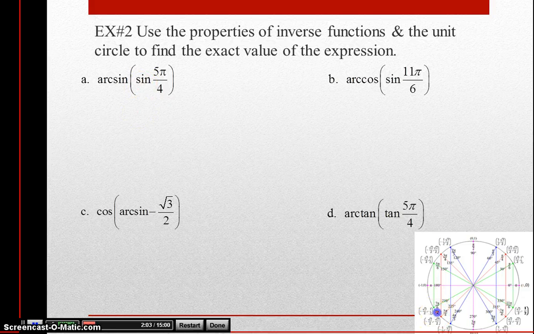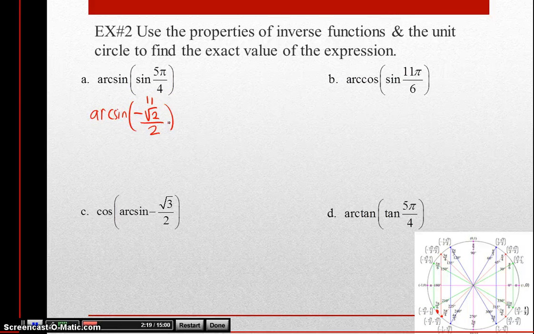We go to our unit circle, and we find that the sine of 5 pi over 4 is going to be negative square root of 2 over 2. So it's right here. Then we want to find, what is the arcsine of negative square root of 2 over 2? Basically, the sine of what angle is going to be equal to negative square root of 2 over 2?